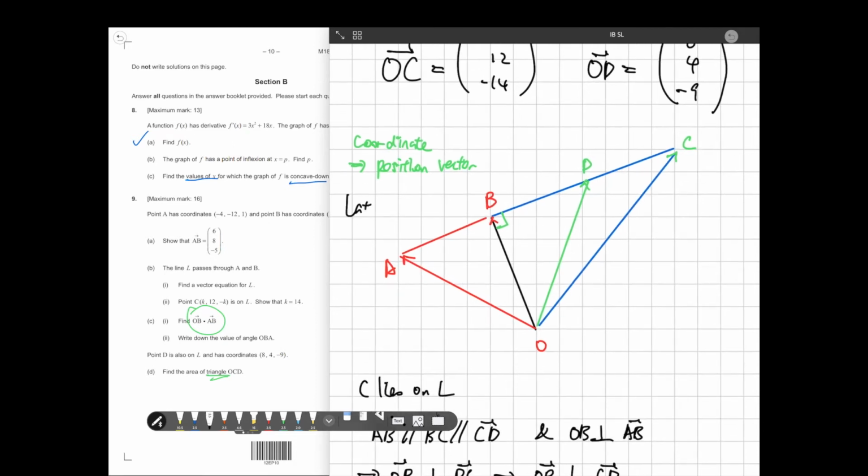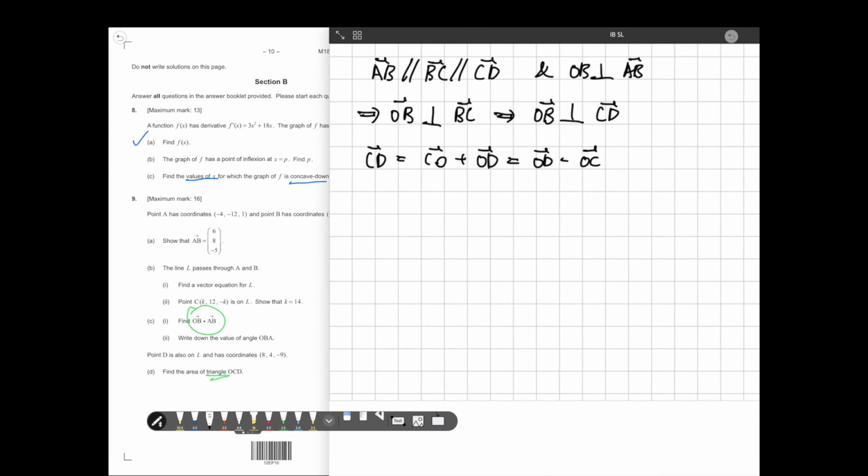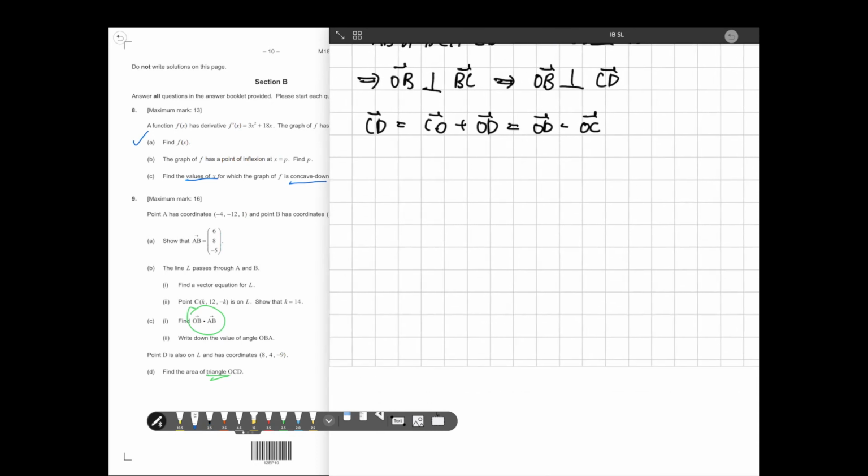In Latin, vector means one who carries. So you have to carry something. You can carry direction, you can carry magnitude. Okay, so that is the knowledge you can have.